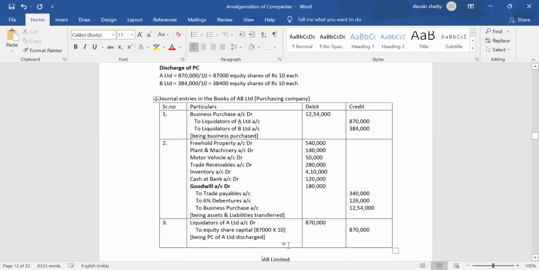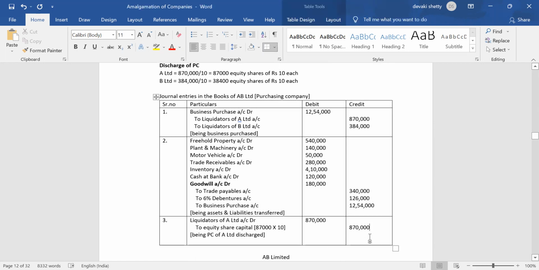ऐसे कंबाइन भी कर सकते थे या अलग से भी कर सकते हैं। कंबाइन है तो ए लिमिटेड बी लिमिटेड लिख के डायरेक्टली टू इक्विटी शेयर कैपिटल, बिकॉज both the companies they are giving equity share capital only.